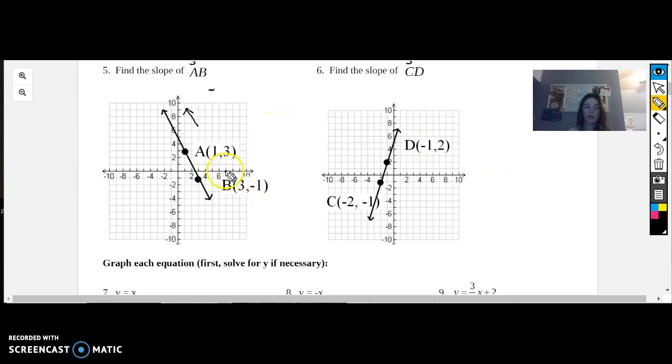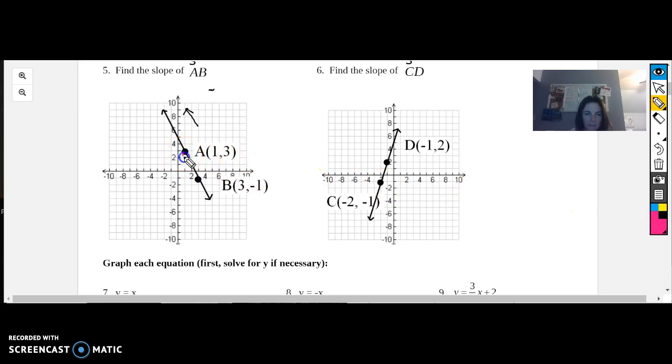Okay, so I've got 2 points. I can use that slope formula. I can also kind of look at my graph, and I can calculate it that way. I can say, okay, to get from point A to point B, I've got to go down, and I'm going to do this in a different color so it's really obvious.